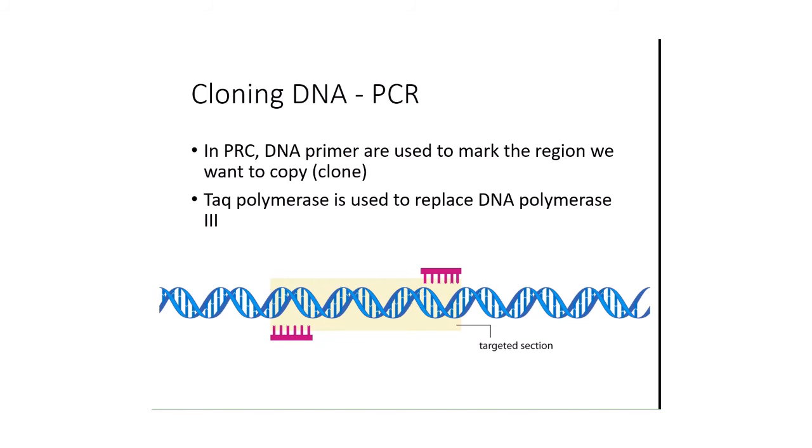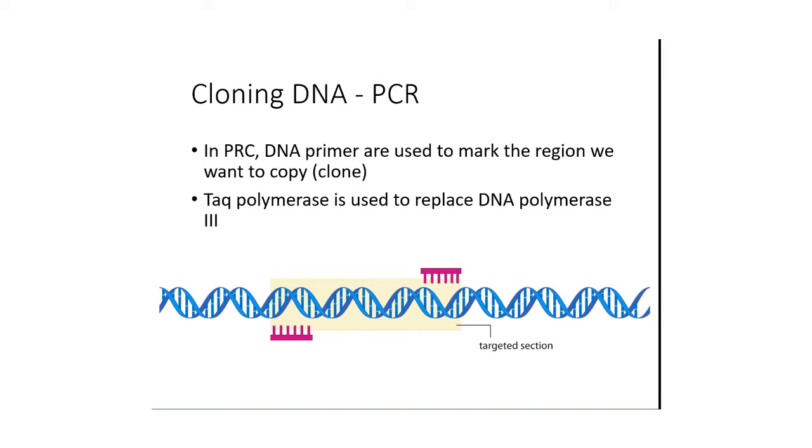Okay, so if this is the region that I want to make multiple copies of, then I have to design a primer that would be upstream of that section as well as downstream of the section. You remember the primer in DNA replication, right? There is the primase, the enzyme that will put down an RNA primer, and that will guide the polymerase to the site of replication, where they will start to build the new strands from 5' to 3'.